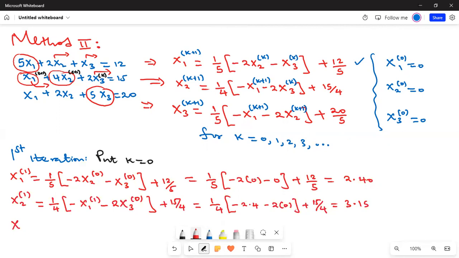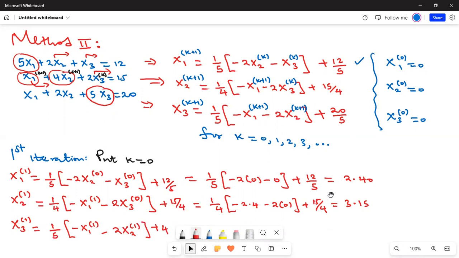Equation 3, x3 at level 1 is 1 over 5 negative x1 at level 1 minus 2x2 at level 1 plus 20 over 5, which is 4.